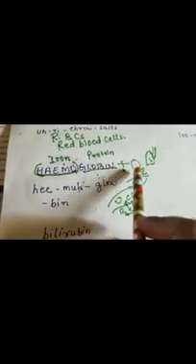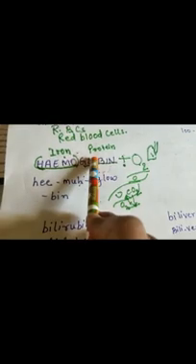Hemoglobin is pronounced as hemoglobin. So this pure red blood is called pure blood. This oxygen carried by the hemoglobin in the RBCs is transferred to the tissues.